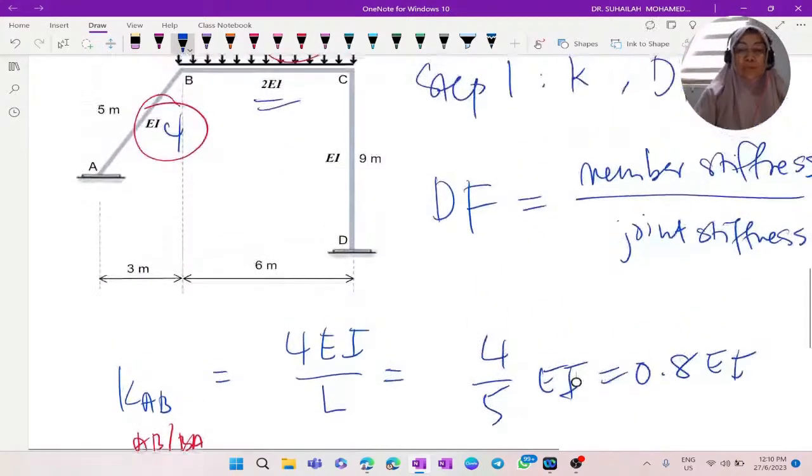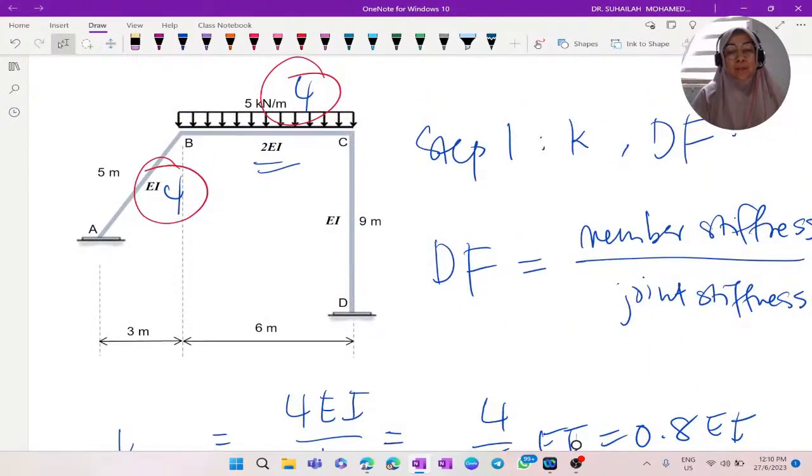Next we look at member CD. Since C is internal, D is the far end. The far end for member CD refers to D, and D is fixed.